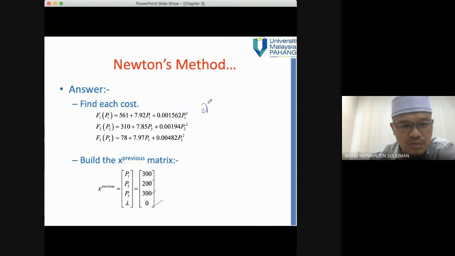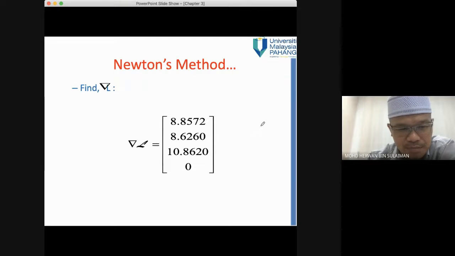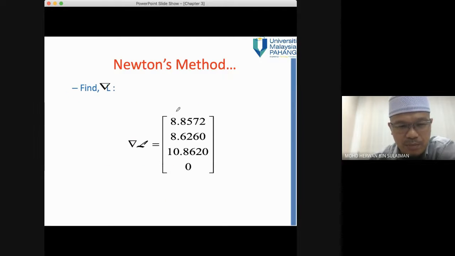So dF1 P1 with dP1, bezakan terhadap P1 you dapat berapa? 7.92 tambah 2 darab dengan 0.001562 P1 kan. So P1 ni masuk value asal. Value 300, you darab 300. So you akan dapat terus jawapan ni 8.852.